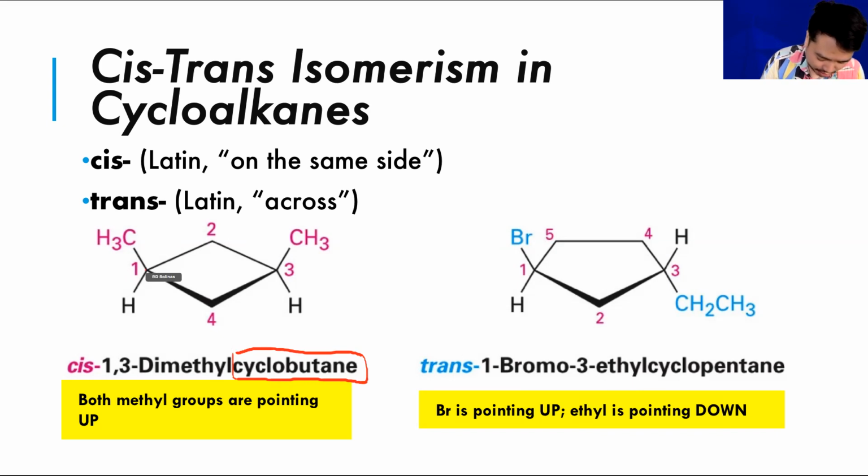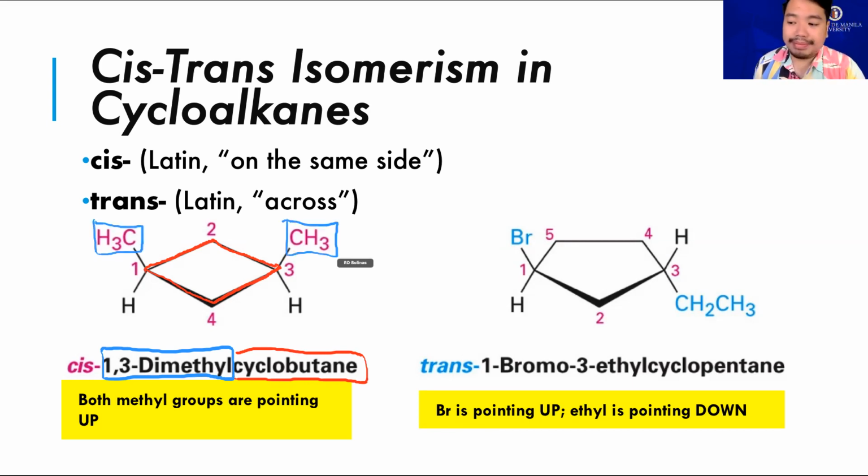So 1, 2, 3, 4. 1,3-dimethyl means that there are 2 methyl groups, one located on carbon 1 and another located on carbon 3.